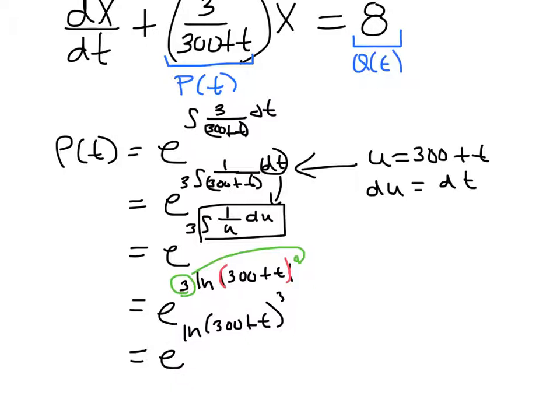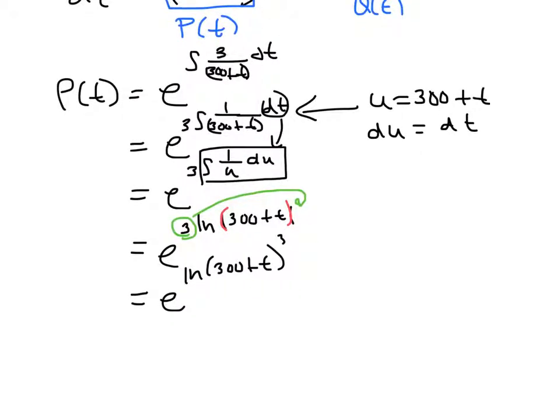And remember, e and ln undo each other. They're inverse functions. So by the power rule for logarithms, we end up with this right here. So this is our integrating factor.